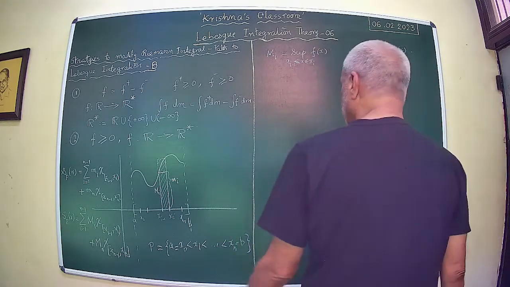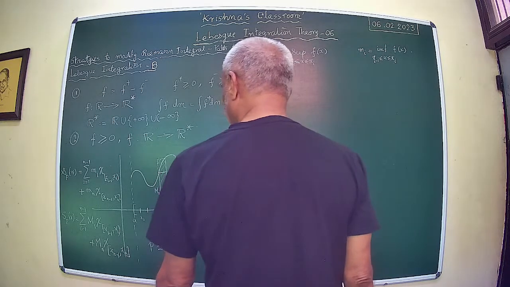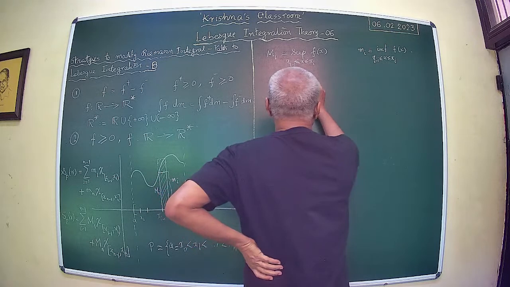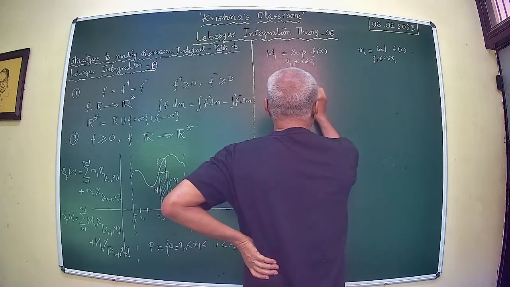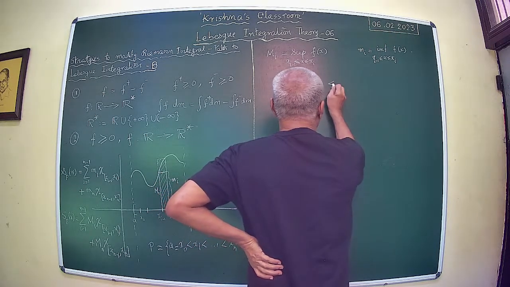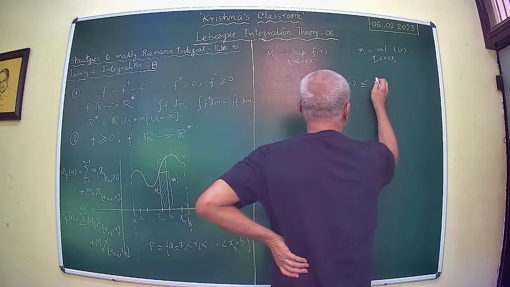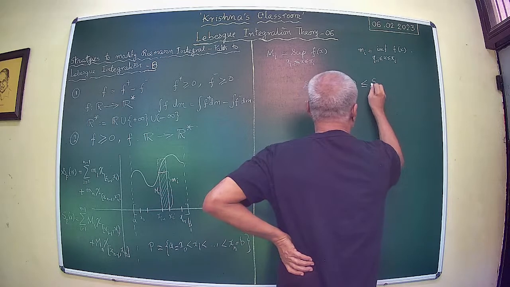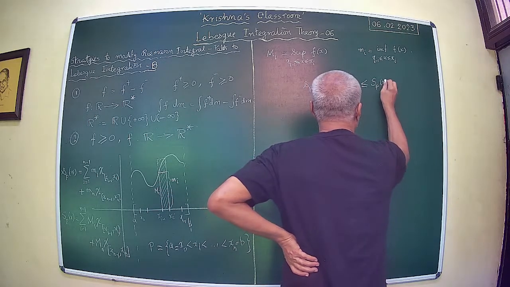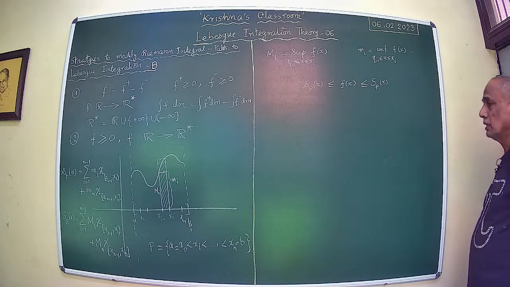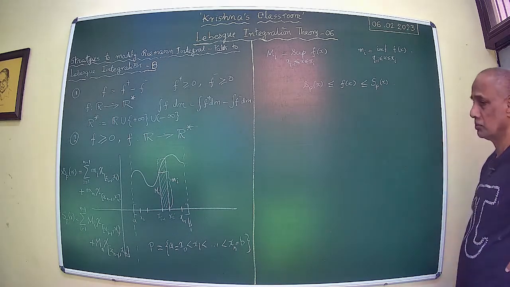Okay, so you have two approximations. Now what we do is we define the integral of these two.